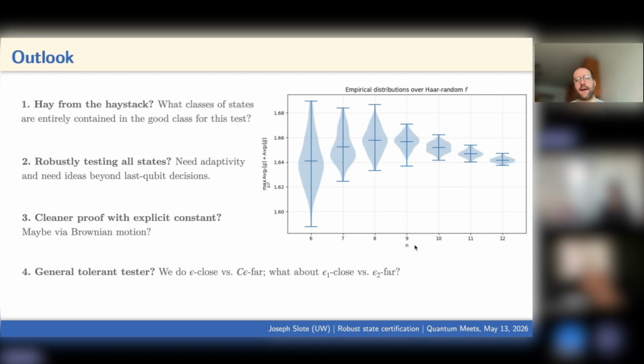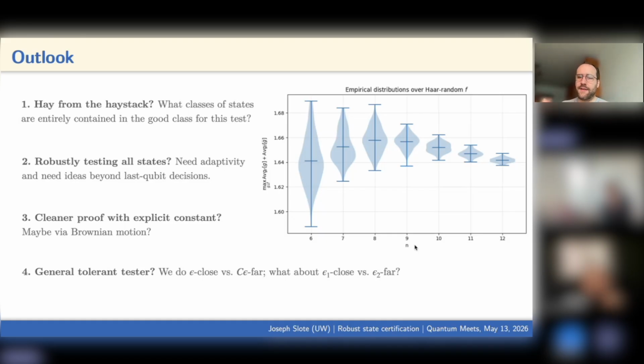The other thing that would be really nice is that our test, you can call it robust, but it's not tolerant. So fully tolerant testing: we can do epsilon close versus C times epsilon far, but you can't adjust both sides of this window individually.